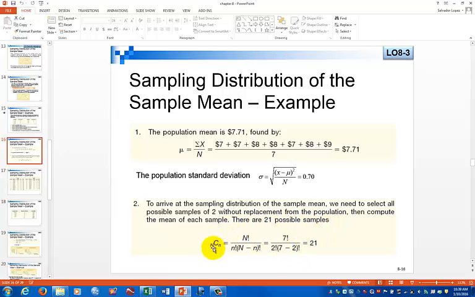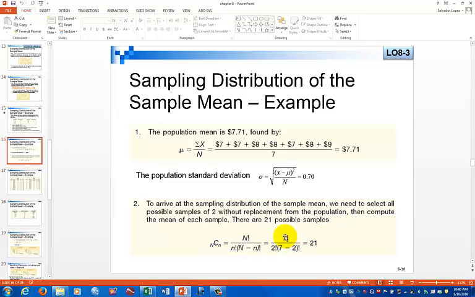To calculate the number of samples, you use the formula for combination. You should have learned this in Econ 34.2 in the combination chapter, or the chapter that discusses the binomial distribution. I will review it quickly here. This is a combination of little n items coming from capital N items.